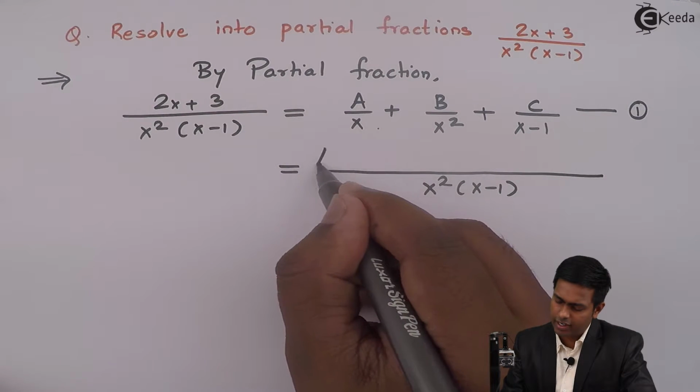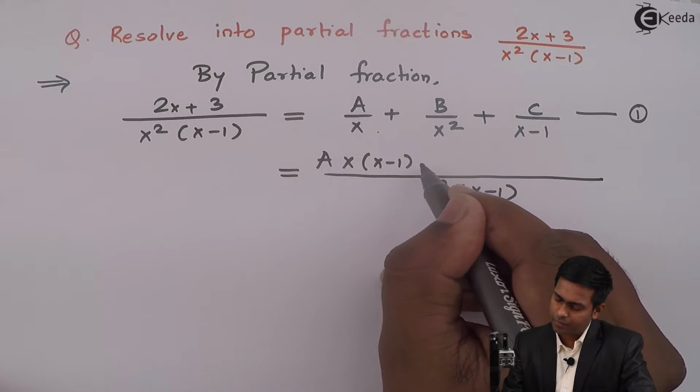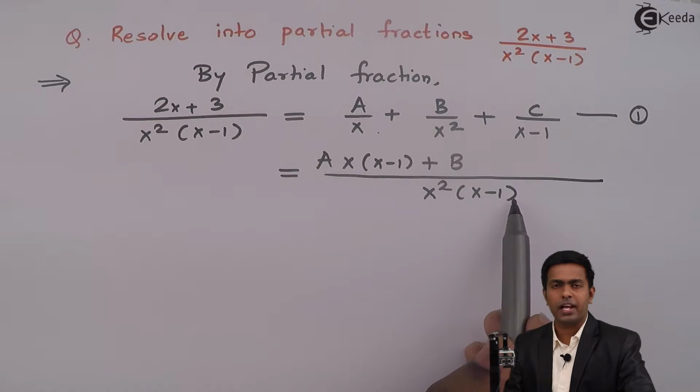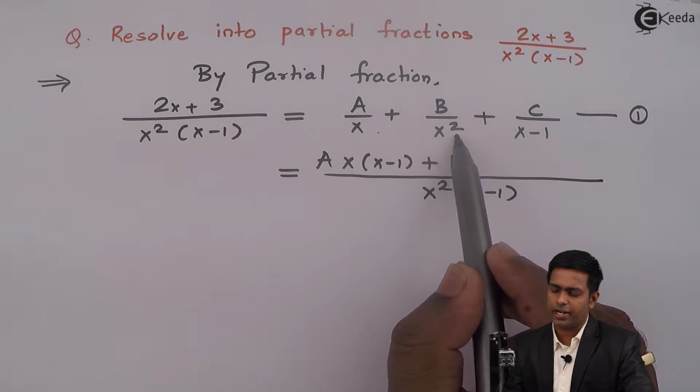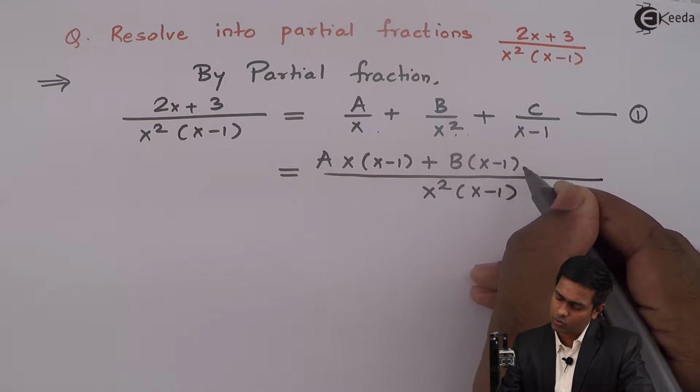So in the numerator we get A into (x minus 1).